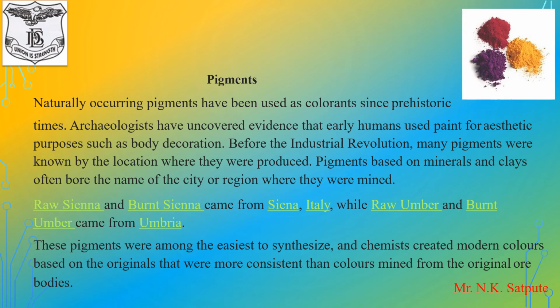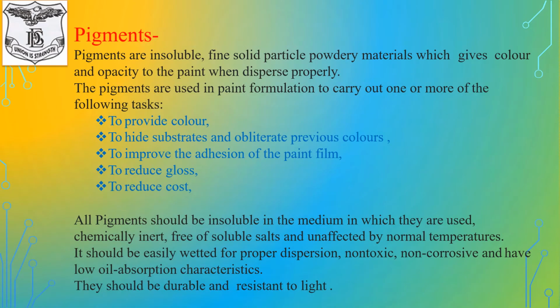When you consider natural and synthetic pigments, natural pigments contain a lot of impurities and synthetic pigments are free from impurities, so they give better color strength. So pigments are insoluble, fine solid particles. They are powdery material which gives color and opacity to the paint when dispersed properly into the coating system.